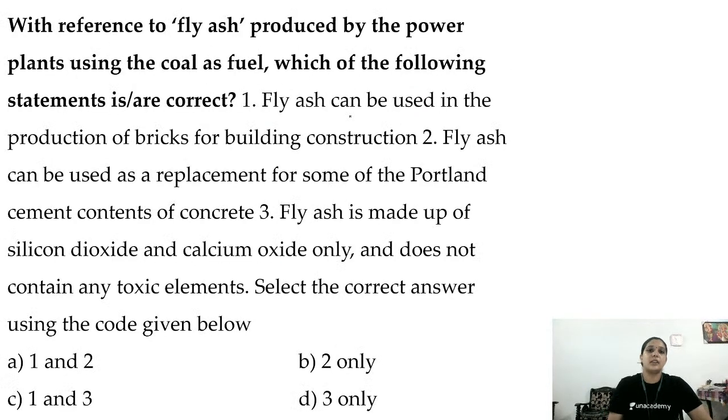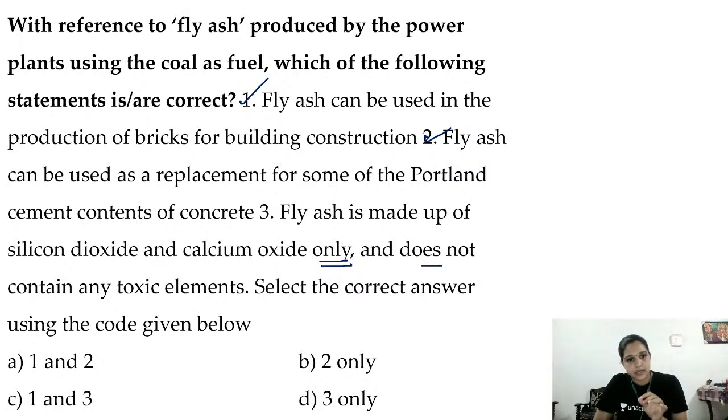Okay. With reference to fly ash produced by thermal power plants using coal as fuel, which of the following is correct? Fly ash can be used in the production of bricks, right? Fly ash can be used as a replacement for some of the Portland cement, right? Fly ash is made up of silicon dioxide and calcium oxide only. In science and technology, if you see the term 'only', be very careful.